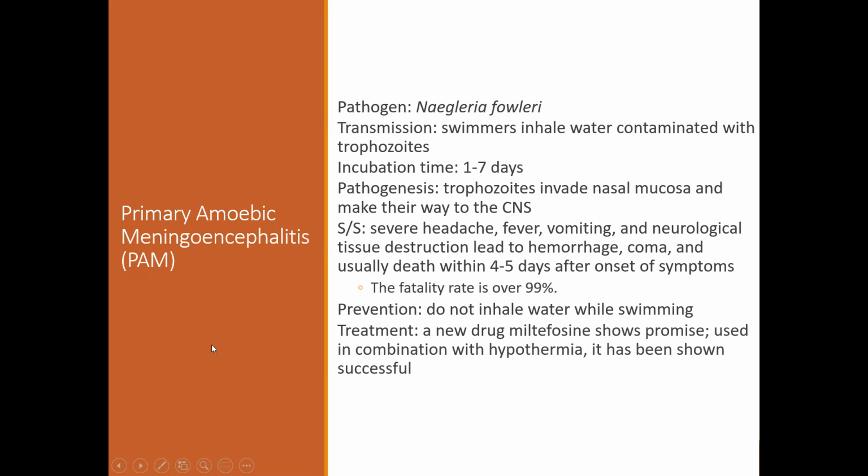Now, getting to our protozoan diseases of the nervous system, the first one we have here is primary amoebic meningoencephalitis. This is caused by Naegleria fowleri.